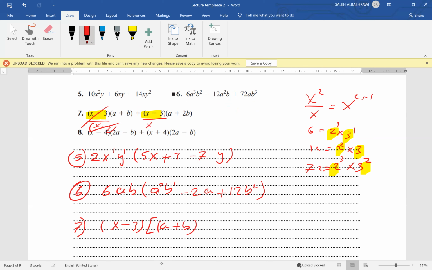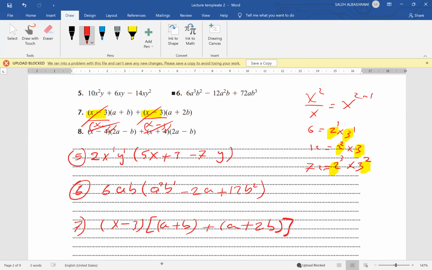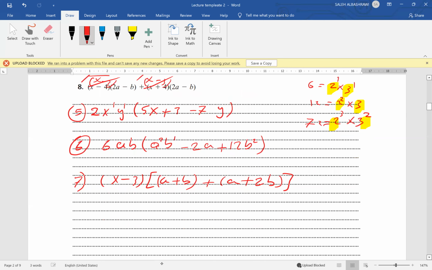Again, divide by x minus 3. This will cancel this one. I will have plus a plus 2b. That can be written as x minus 3 multiplied by a plus a will give me 2a, and b with 2b will be 3b.